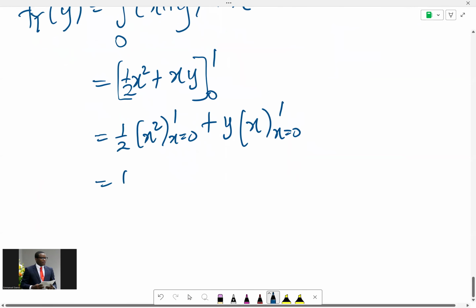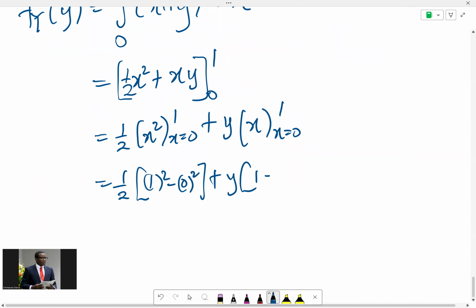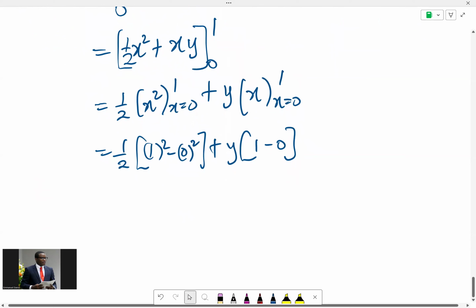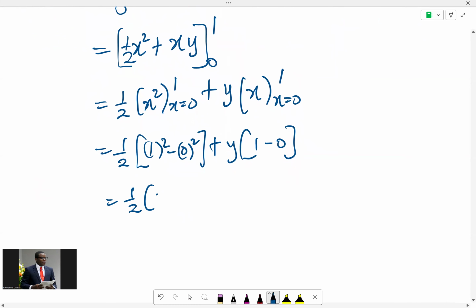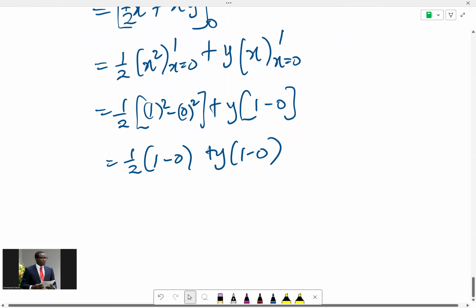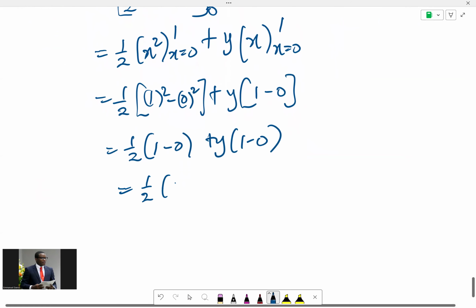And then you can have half into, when x is 1, you have 1 squared minus 0 squared, then plus y into, when x is 1, you have 1 minus 0. That is half into 1 squared, which is 1, minus 0, plus y into 1 minus 0. So that's simply half into 1 plus y into 1, and this is simply half plus y.